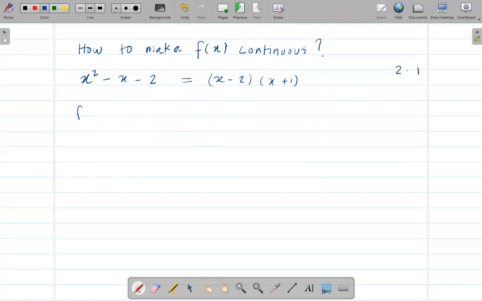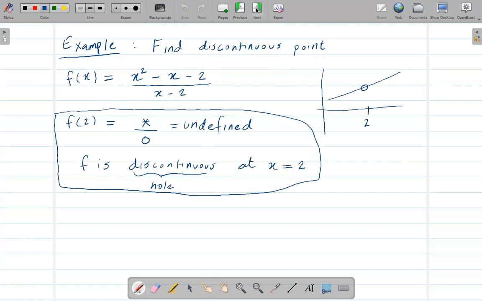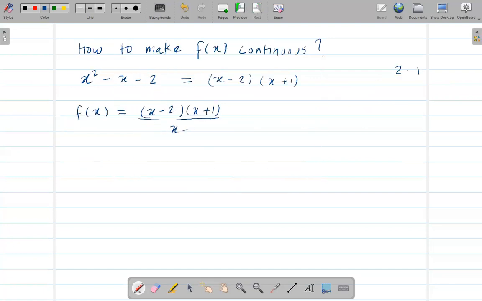So f of x is x minus 2 times x plus 1. On the bottom, we have x minus 2. So I can cancel this x minus 2 with x minus 2, and we have x plus 1. So now f of x is equal to x plus 1.